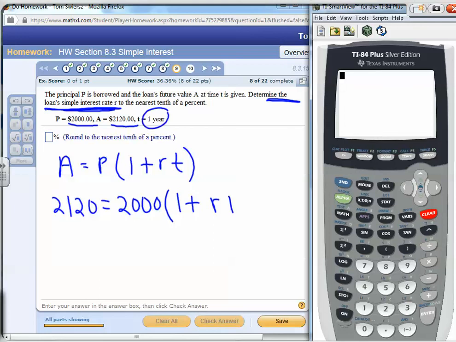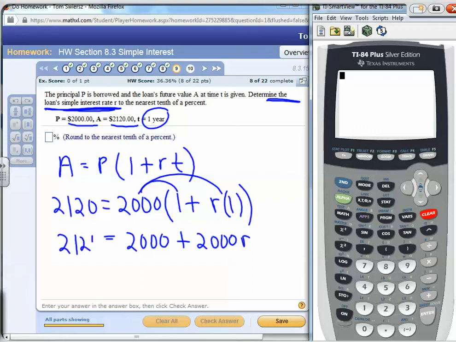Now this one is where you have to do a couple of algebra steps before you solve it. You're going to distribute the 2,000, multiplying both the 1 and the R. So 2,000 times 1 is 2,000. 2,000 times R times 1 is just going to be 2,000R.